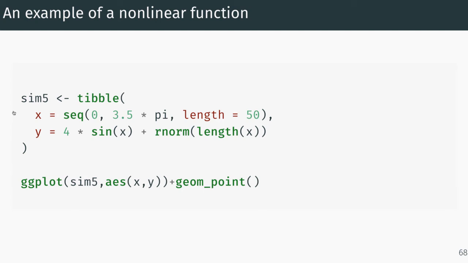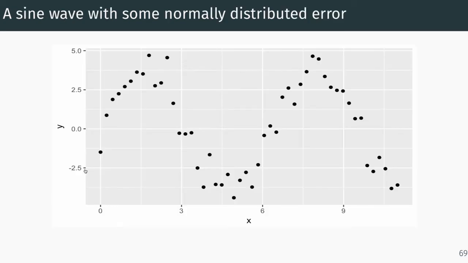So here's an example of a nonlinear function that we might want to model. And this is just a cooked one. This is a sine wave function with some randomly generated, normally distributed error thrown in. And when we plot it, we'll see a sine curve. Okay, so we just have a sine curve. That's all this is.